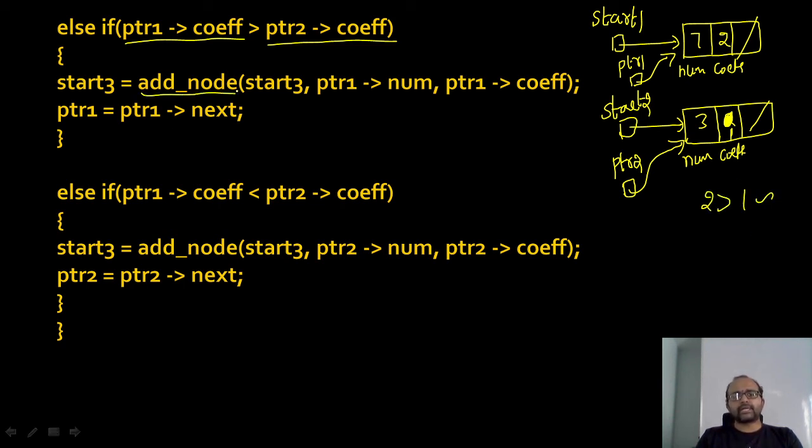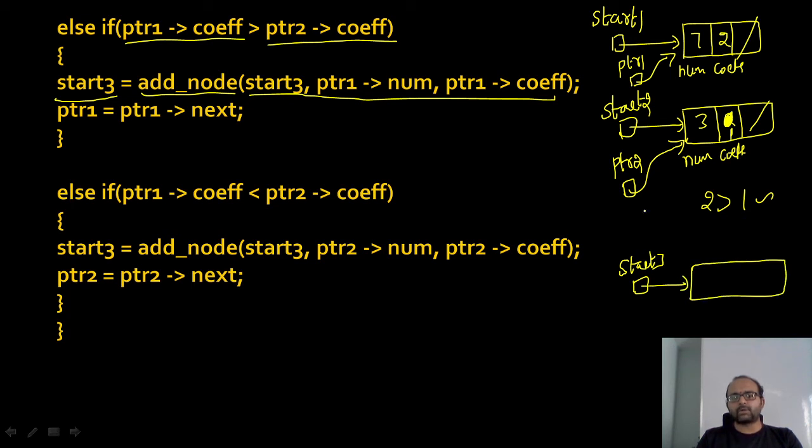Now we need to create a new node, okay, and that node must be added according to add node function, and that should be returned to the start3 pointer, which means a start3 pointer is going to point to this newly created node, and in this newly created node we'll have a start3 comma ptr1 arrow num comma ptr1 arrow coefficient.